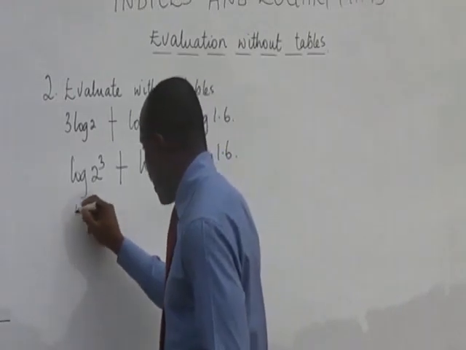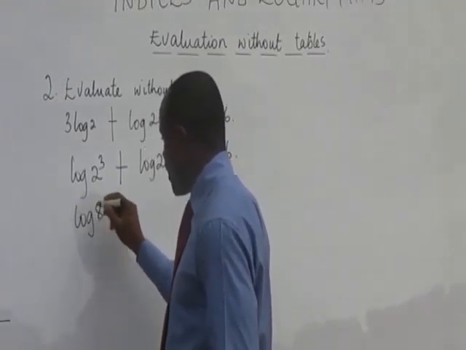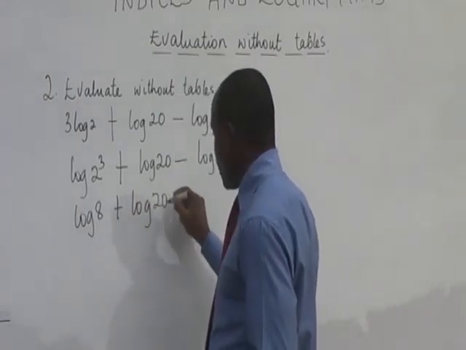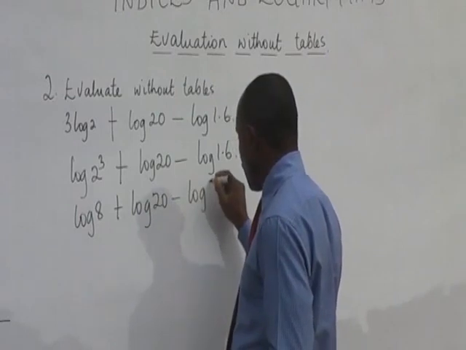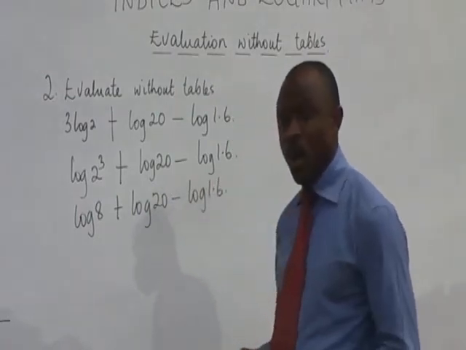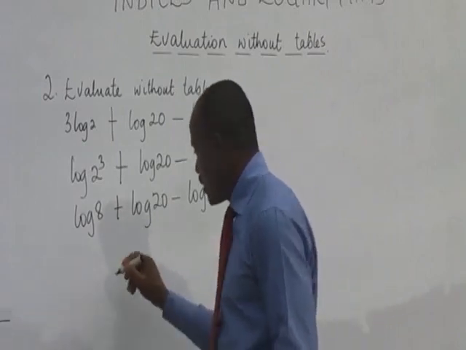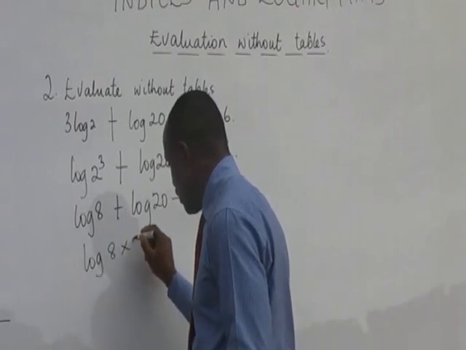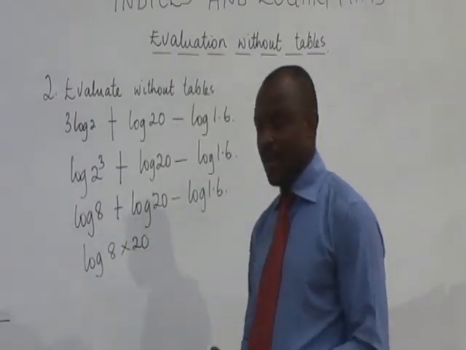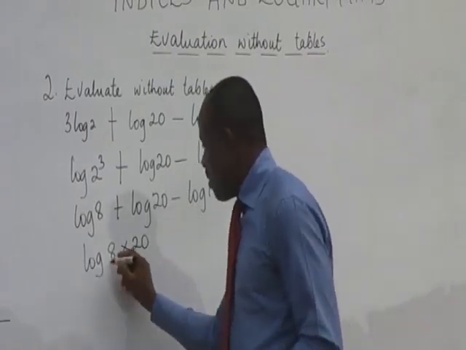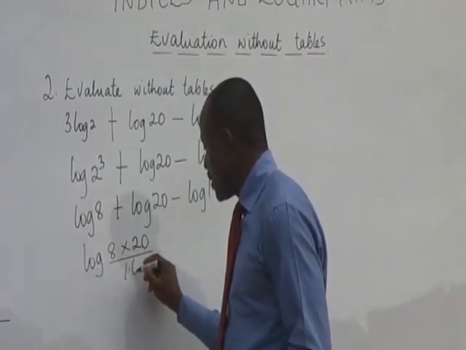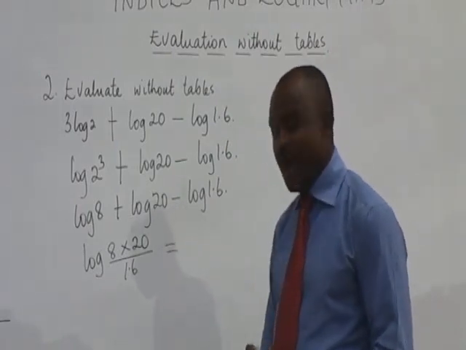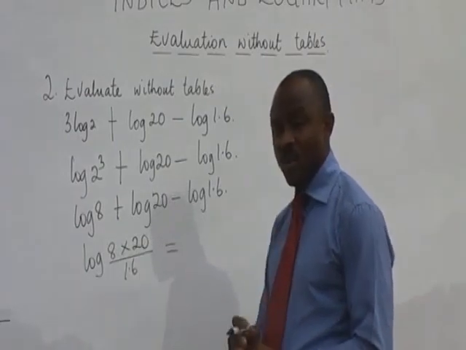So in this place we have log of 8 plus log of 20 minus log of 1.6. Log 8 plus log 20 means take down one log, 8 times 20. Because of this minus, we'll be dividing this by 1.6. This is further simplified to 8 times 20, which will give you 160.